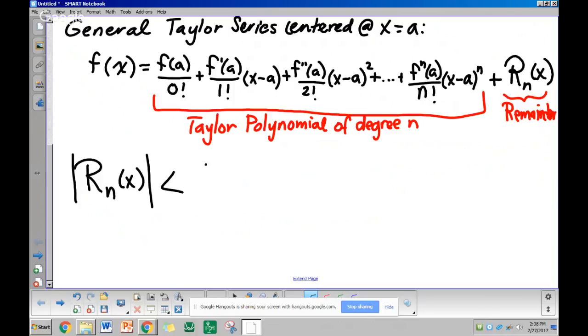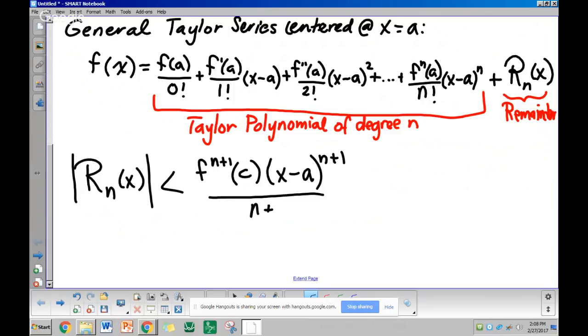So it would be the n plus 1 derivative evaluated at a, but we're going to use some value c. We'll talk about that in a minute. Times x minus a to the n plus 1 all over n plus 1 factorial, and we're going to make this a positive number here.